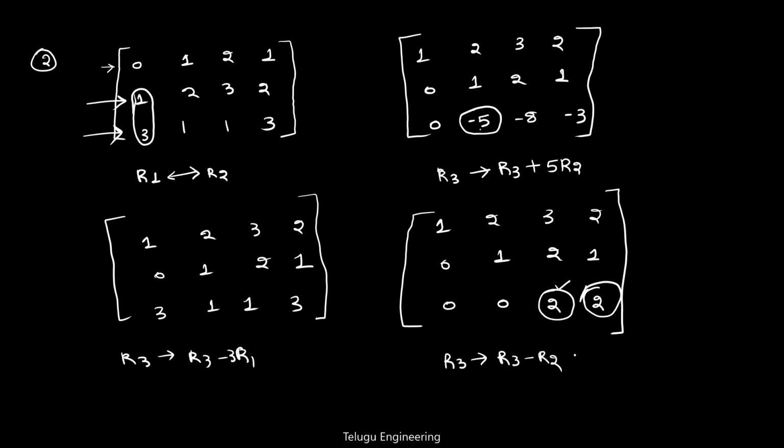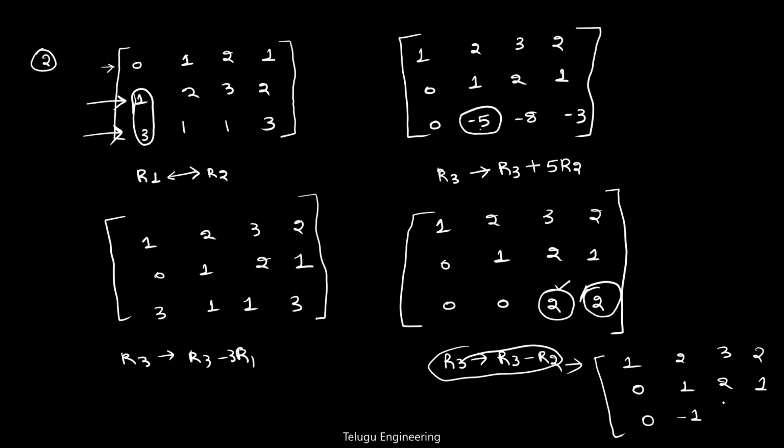What will this operation result in? This operation results in 1 2 3 2, 0 1 2 1, and you can see this will become 0, and 0 minus 1 is minus 1, and 2 minus 2 is 0, that's fine, and 2 minus 1 is 1, that's fine. But this is not in the echelon form.